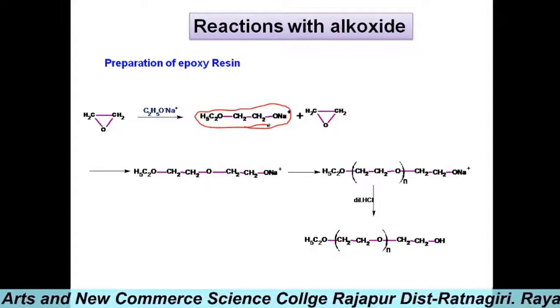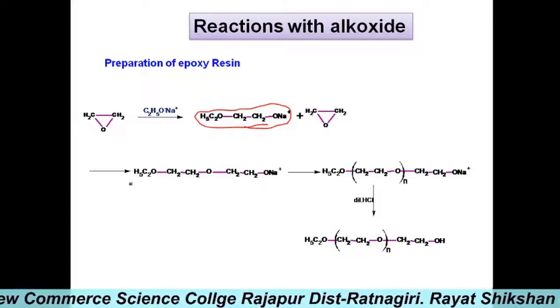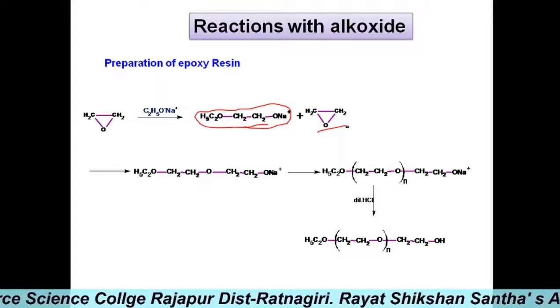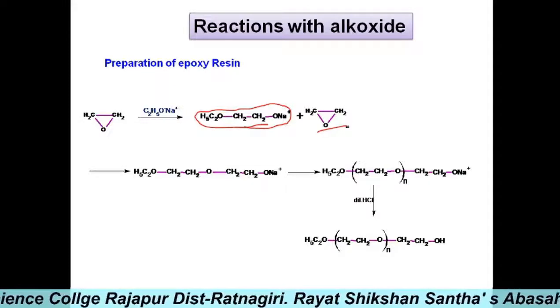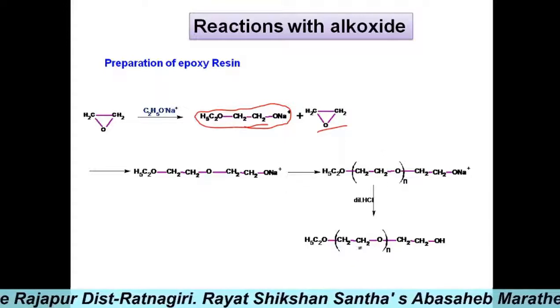This oxyanion can again react with another epoxide ring, and this is called anionic polymerization, and the product is a polyalkylene oxide.